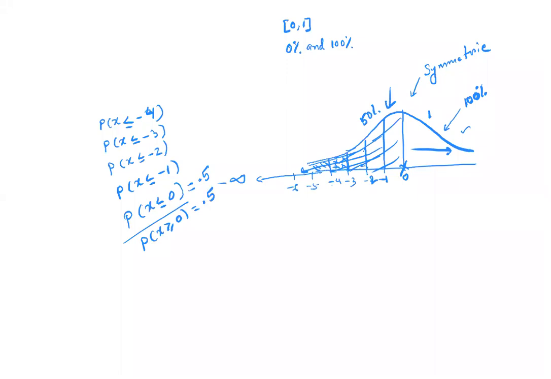Does this make sense to you guys? Because remember, I told you a bell-shaped curve, or normal distribution, is symmetric about the middle or the center of the data. The left half is a mirror image of the right half. So if the total is 100%, the left half must be 50%, and the right half must be 50%. That's what it is.